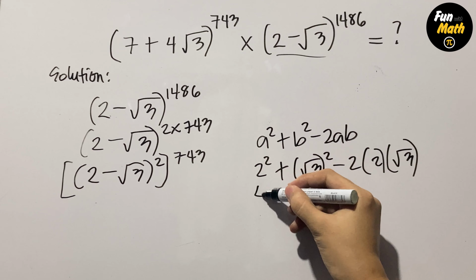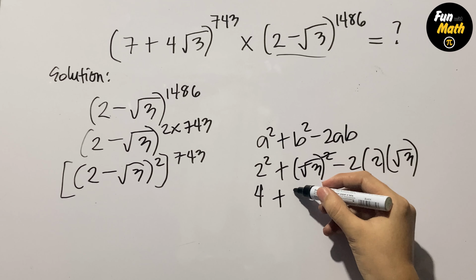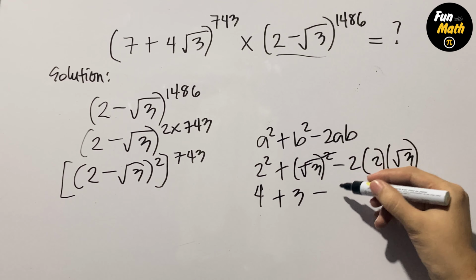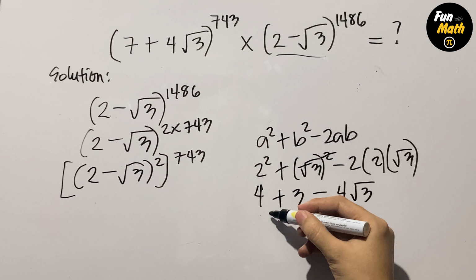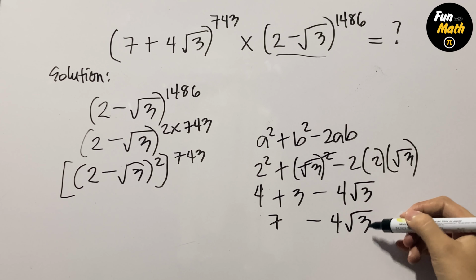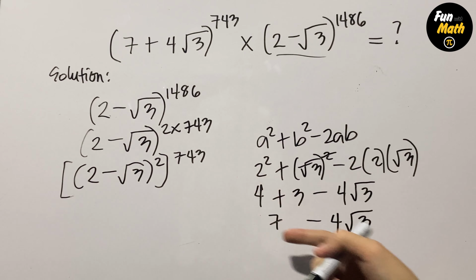And that is 4 plus 3, minus 2 times 2, that is 4 square root of 3. 4 plus 3, that is 7, minus 4 square root of 3. So we have the answer for this identity in expanded form.